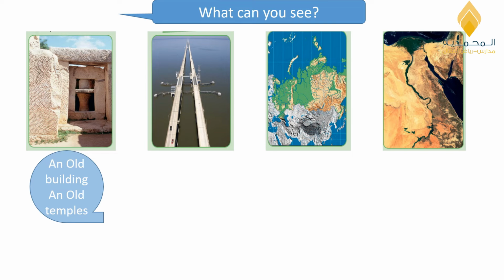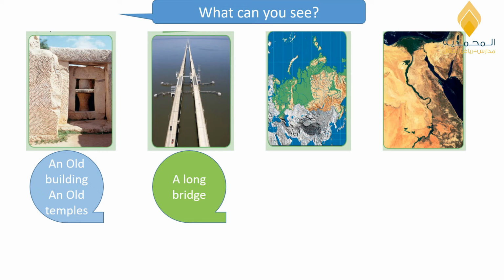We can see an old building or an old temple. Great! Picture number 2. What can you see? Excellent! We can see a long bridge. Excellent!